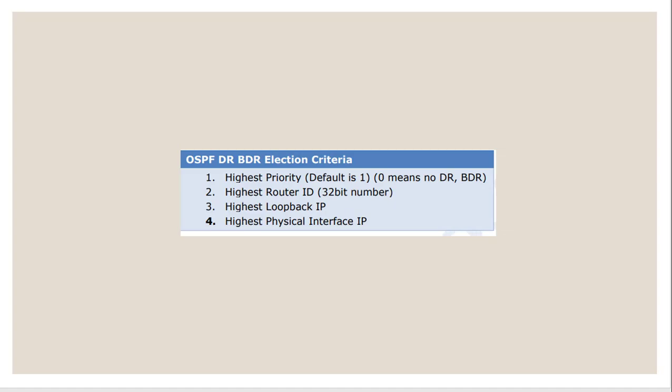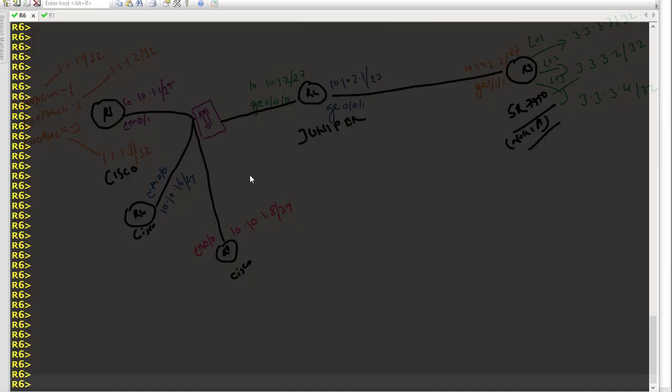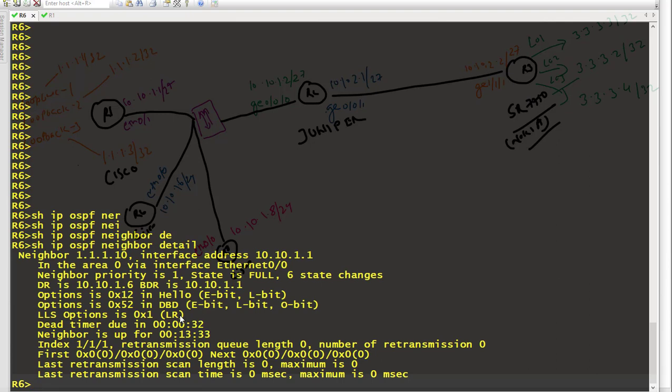So let's check on the lab. Currently I have only two routers on, router 1 and router 6, so only two routers in the segment. One is DR, one is BDR. Let's check who is DR and who is BDR. Show ip ospf neighbor detail. 10.10.1.6 is the DR, which means router 6 is the DR and router 1, 10.10.1.1, is the BDR.